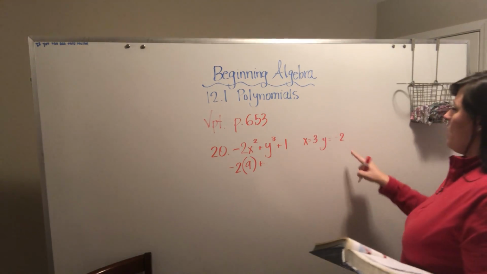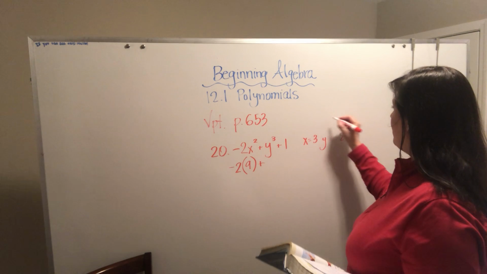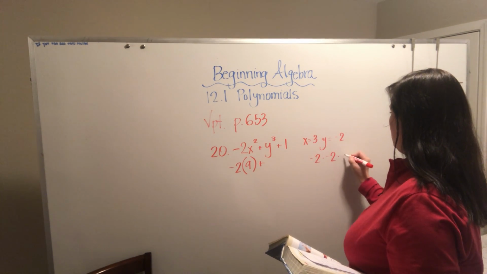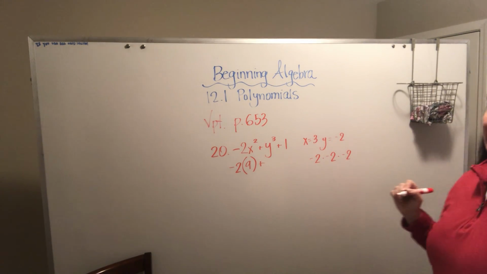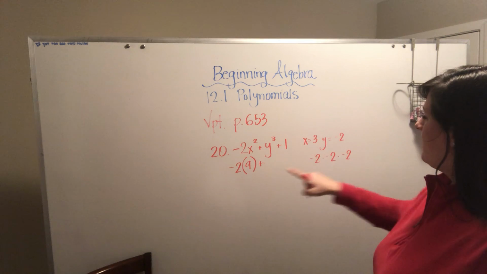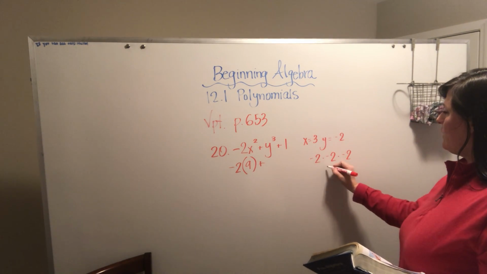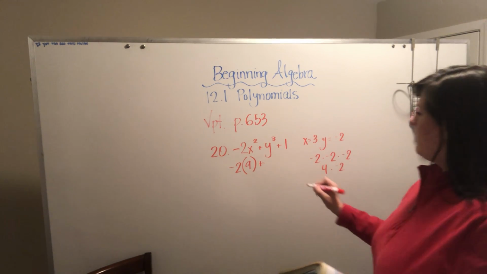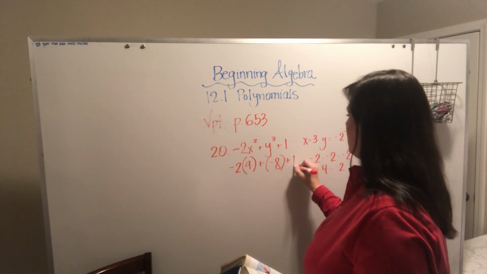Plus y cubed. Well, y is a negative number. Hopefully you recognize negative 2 times negative 2 times negative 2. It's going to be negative. When you have an odd exponent, your number is going to stay negative. So negative 2 times negative 2 is 4 times negative 2 is negative 8 plus 1.